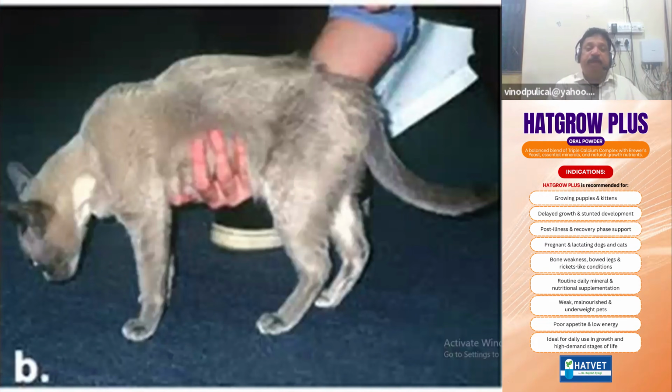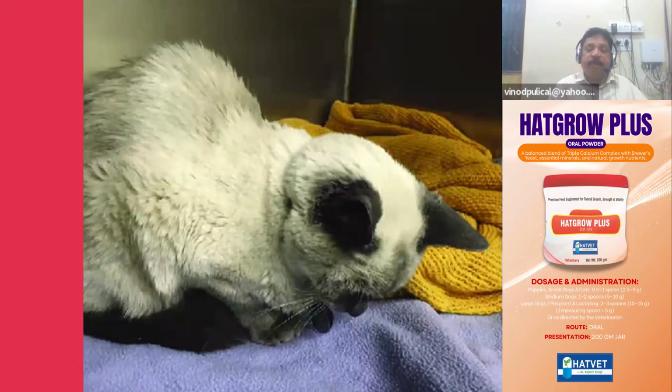Whenever you see this, immediately assume that it is hypokalemia. You can check the blood for hypokalemia. And this is the picture of hypokalemia.